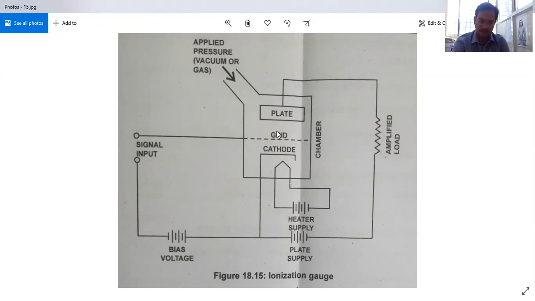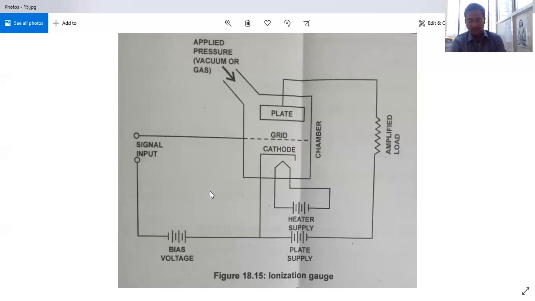Those positively charged ions are then attracted to the plate, that is the anode, causing current flow in the external circuit. Depending upon the magnitude of the current flowing through the external circuit, we determine the applied pressure.